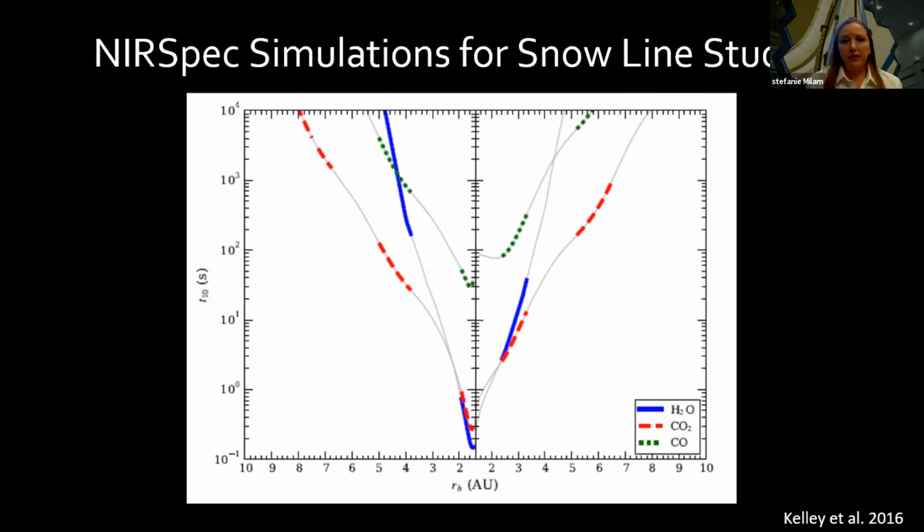This is something that, given the sensitivity of most ground-based telescopes, and even just their limited capabilities of only nighttime observations, is really quite challenging to do from the ground. Not to mention that we can't do carbon dioxide. So these kinds of studies are going to be very interesting and give us a lot of insight into our own snow lines and disk in our solar system, and how that might compare to other disks and other objects in our galaxy.